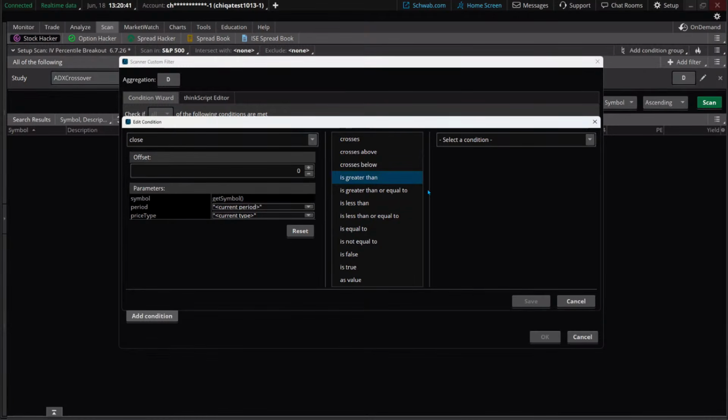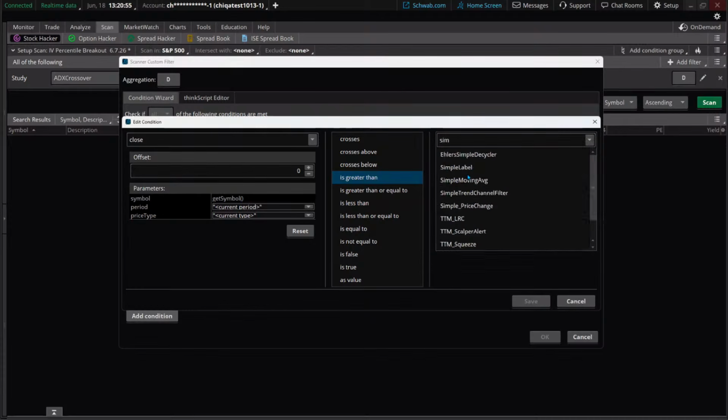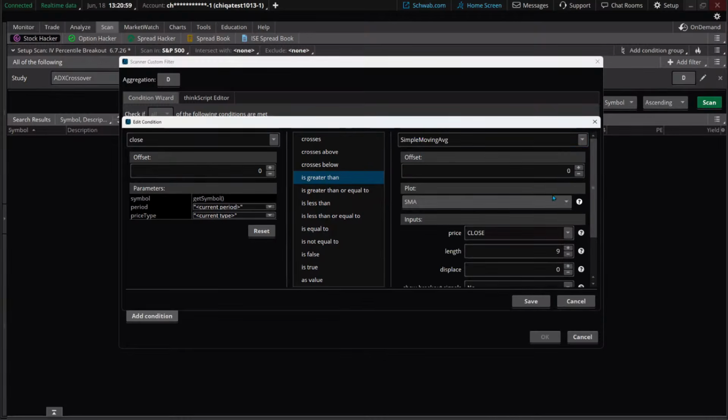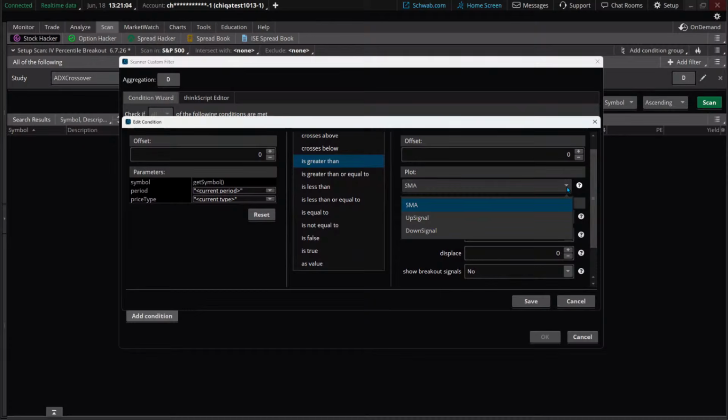The short-term one, the intermediate term one, I'm going to say is greater than, let's see, the study of the simple moving average. Oh, I'm sorry, what did I do? Study. There we go. Simple moving average. And we are going to choose the simple, and it's going to be the 50.